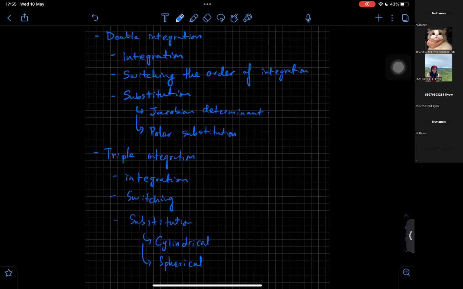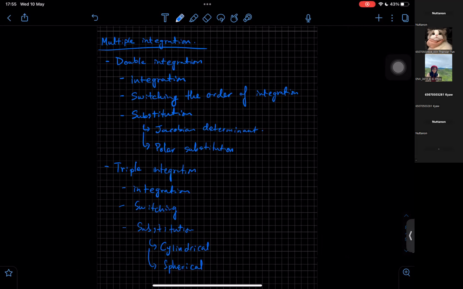Okay, there will be all of this, but what is important is how you switch the integration and how to do the substitution. This is what I'm going to focus on.